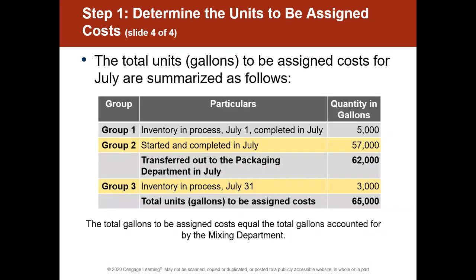All right, so here's what they did. The total units to be assigned cost for July are summarized. Okay, so they have 5,000 gallons that were in process. They had another 57,000 that were started and finished. So the amount they had in process plus the amount they started and finished gives us the amount that they actually transferred out.